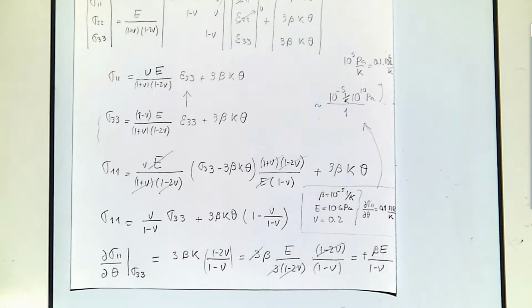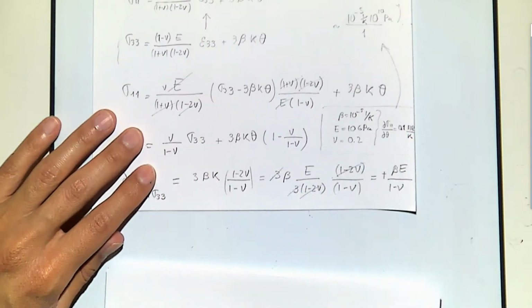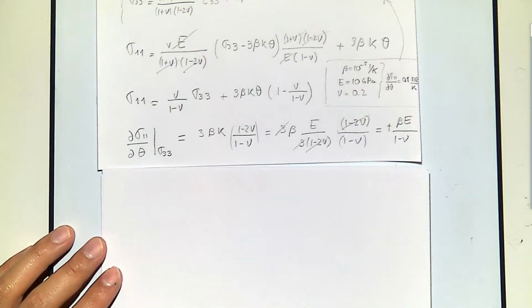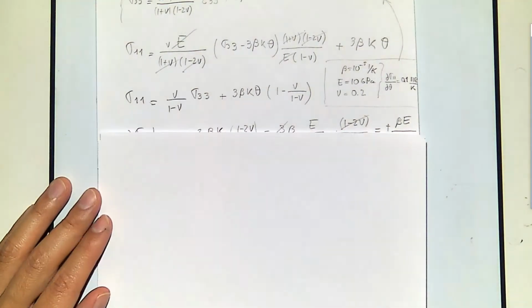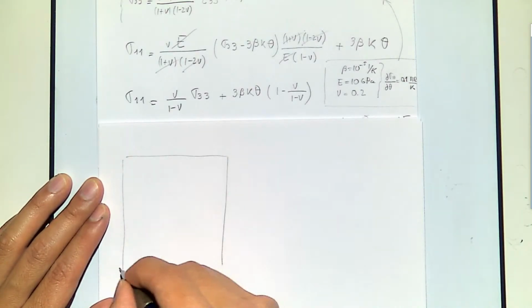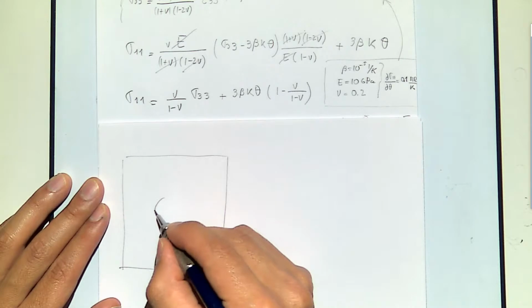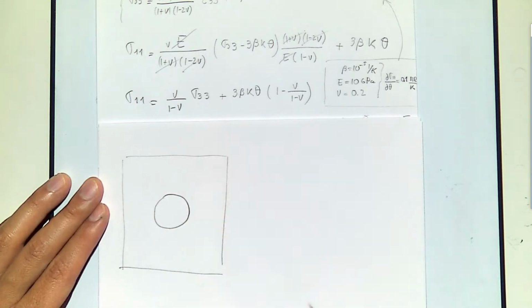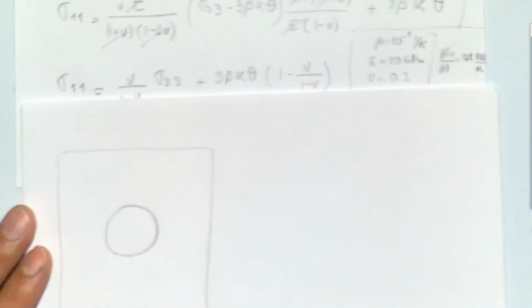Okay, well, another very relevant boundary condition is the one in which you have axisymmetric conditions, like, for example, when we have a wellbore.